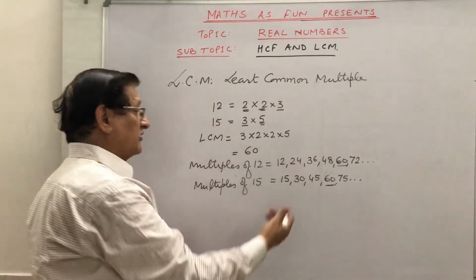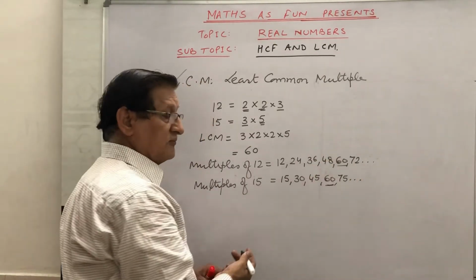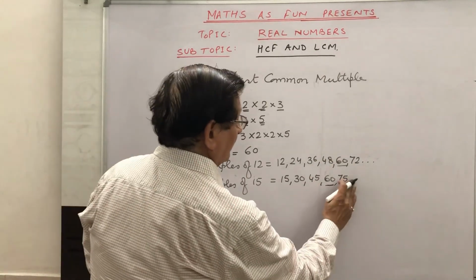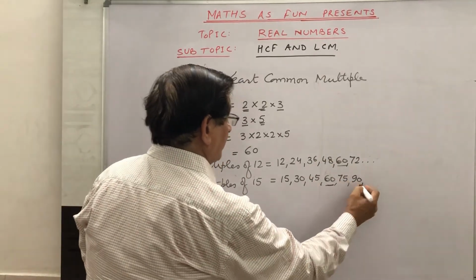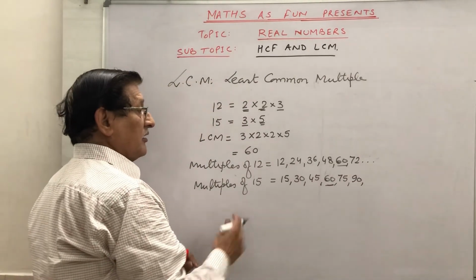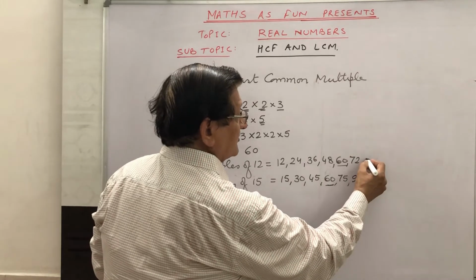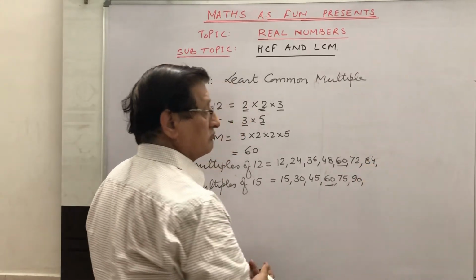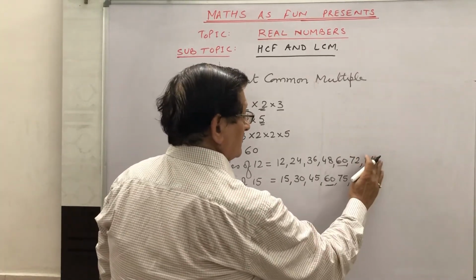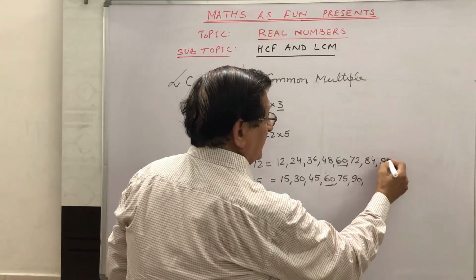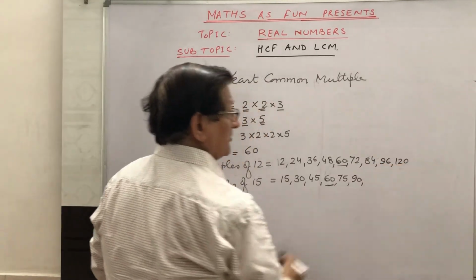Then if we go further, we can find more. Like suppose after 75 it comes 90 here, 15 into 6 is 90. And if we go for 12, 12 into 6 is 72, 12 into 7 is 84, then 12 into 8 is 96, 12 into 10 is 120.